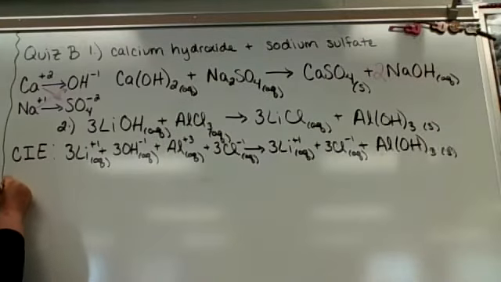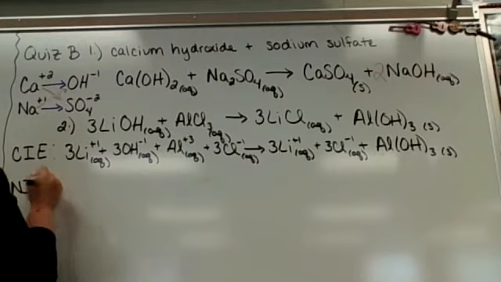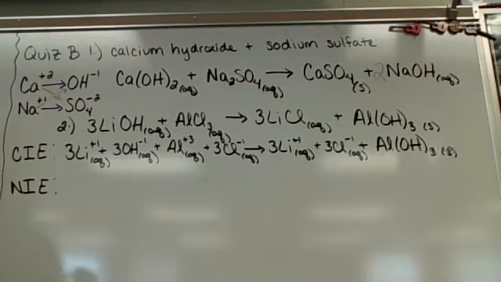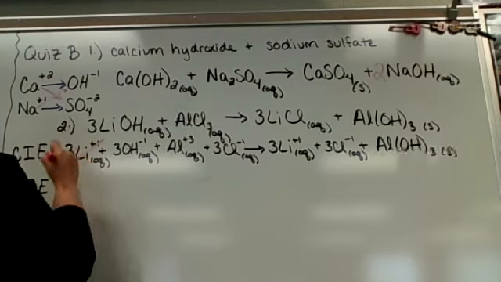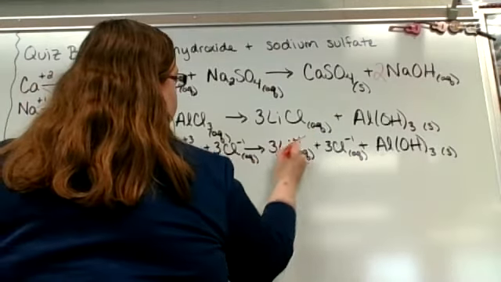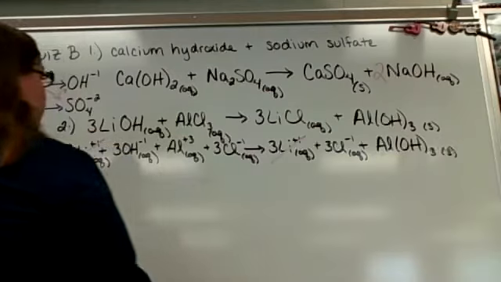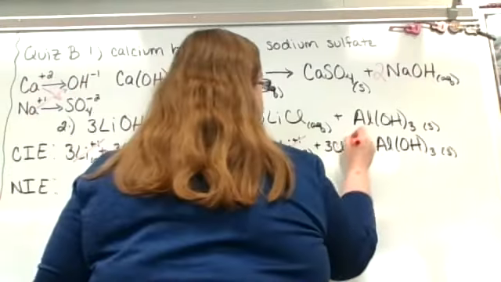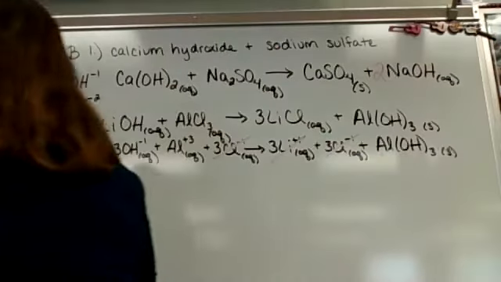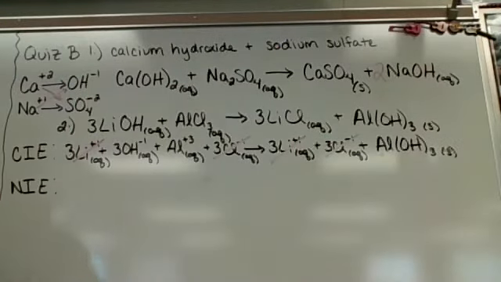All right. And then the net ionic equation is just you cancel out the spectator ions, whatever is the same on both sides of the reaction. So we've got the 3Li+1 and 3Li+1. So those are spectators. And we've got the 3Cl-1 and the 3Cl-1. So the 3Cl are spectators as well.